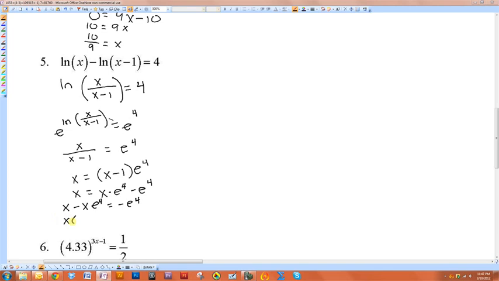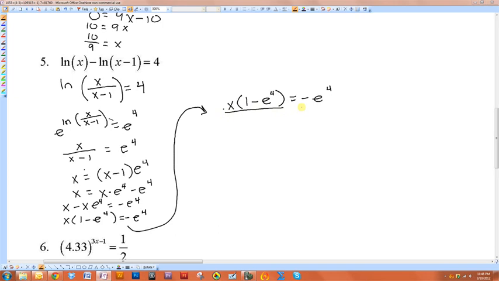Now I'm going to factor out my x, so x times 1 minus e to the 4th is equal to negative e to the 4th. Let's finish it up over here. So if I divide both sides by this 1 minus e to the 4th thing, then I'm going to get x is equal to negative e to the 4th divided by 1 minus e to the 4th.